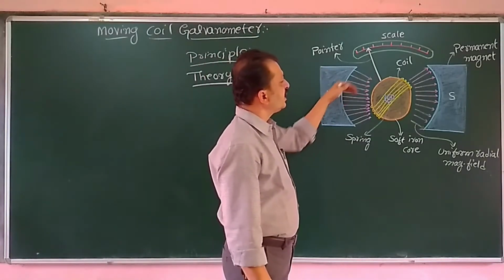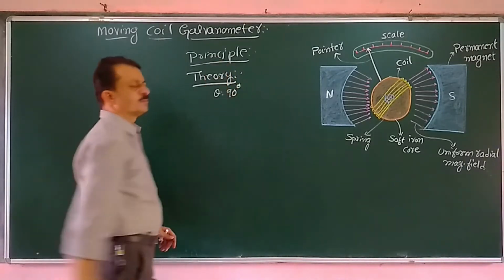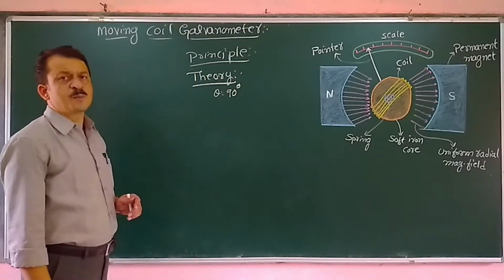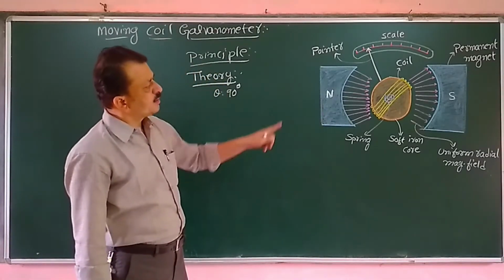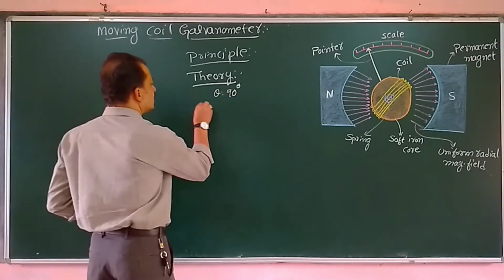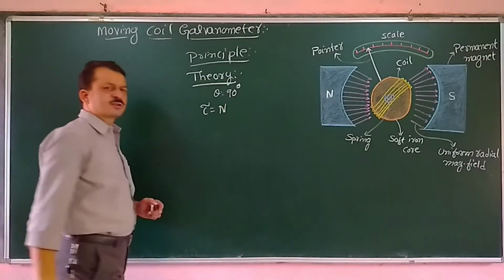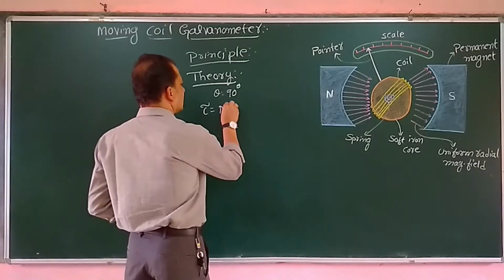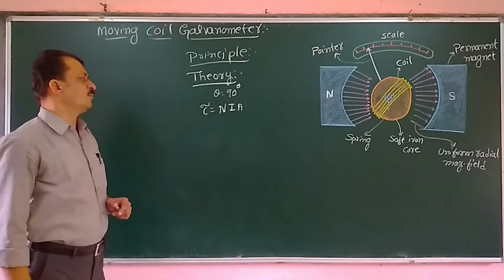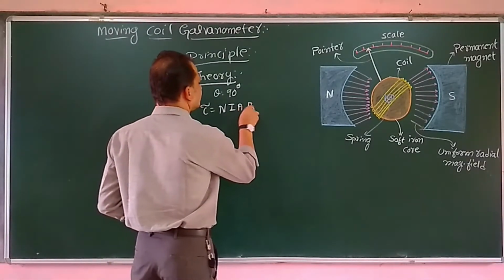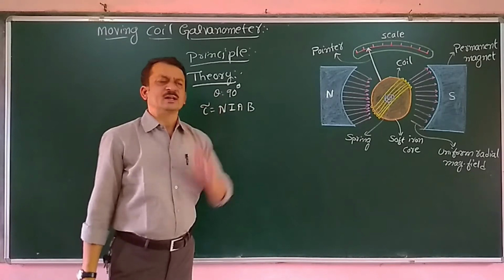The direction of the magnetic field and the current is chosen such that theta is equal to 90 degrees. So the magnitude of the torque experienced by that current loop is given by tau is equal to n I A B, since it has n number of turns, current I, area of the loop A, and magnetic field B. Since theta is 90 degrees, sin 90 is 1.